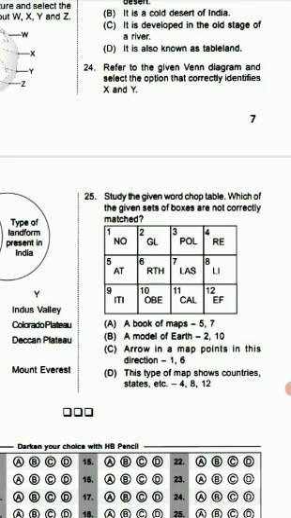That means it is relief. But maps that show countries and states are known as political maps. So the numbers will be 3, 9 and 11. So the answer is D.